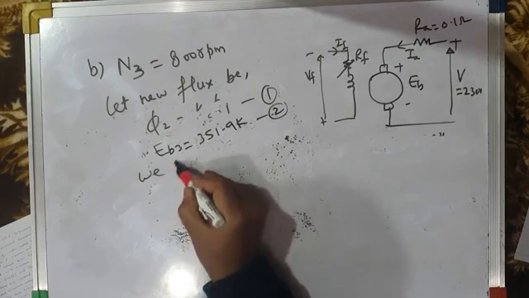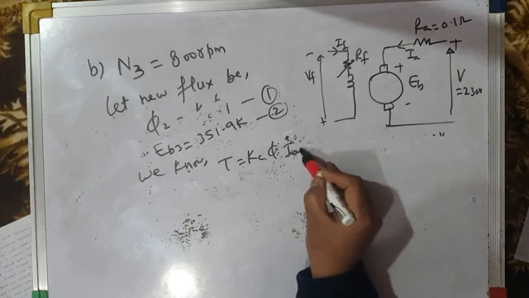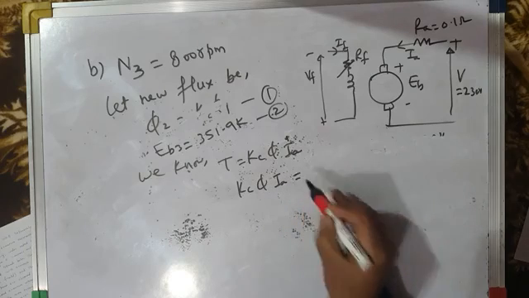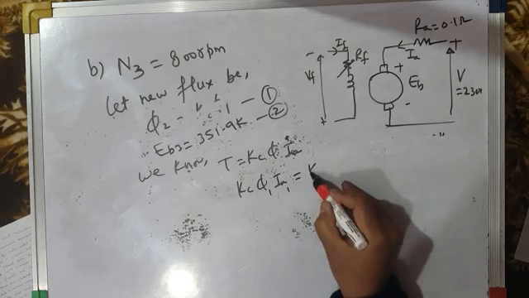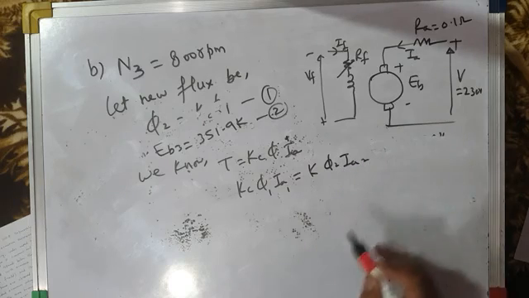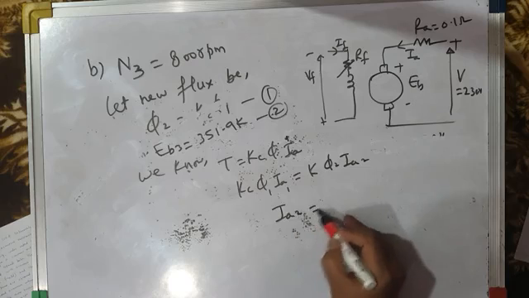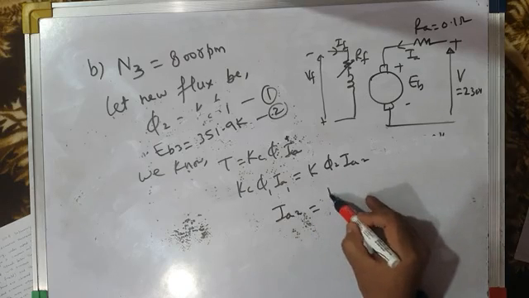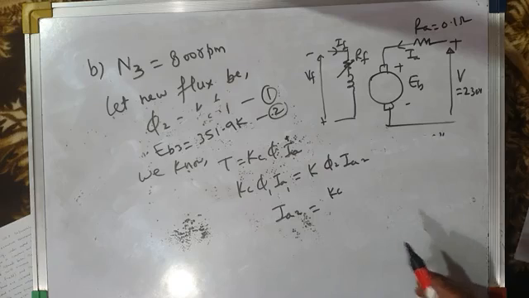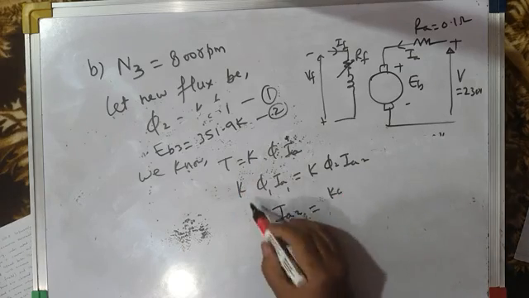We also know that torque is given by K phi into Ia, right? So K phi 1 into Ia1 is equal to K phi 2 Ia2, that is K Kc phi 1 Ia2. Okay. So from this, Ia2 is equal to, this is K here, this is also K, so the K and K cancel.